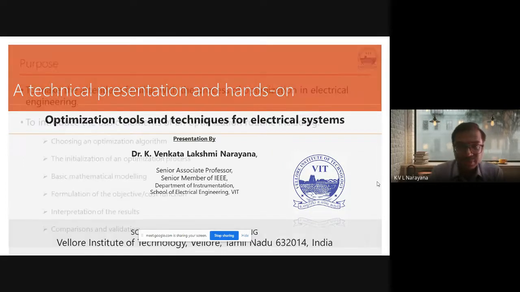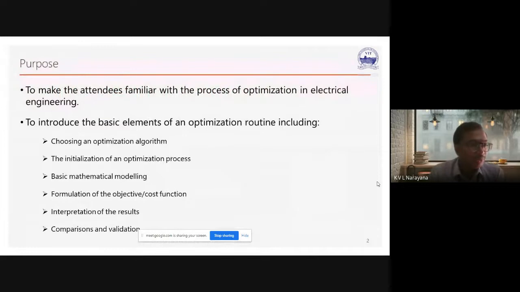Further, we will explore the basic concepts of the optimization routine, which includes how to select an optimization algorithm for a problem, the initialization of the optimization process, and the mathematical modeling, which is very, very important in most cases: how to do the mathematical modeling of a problem and the formulation of the cost function or the objective function. Later, we will cover the interpretation of the results of the problem which we are going to take, and the comparison of the results of the considered algorithm with other techniques. So these things will be covered.